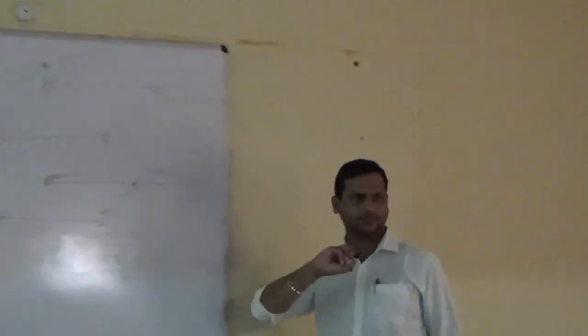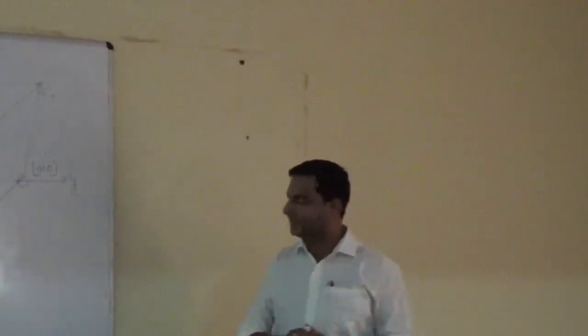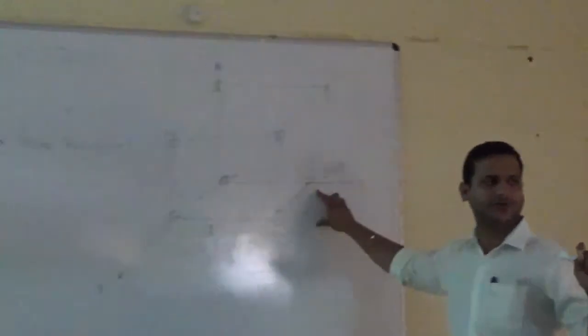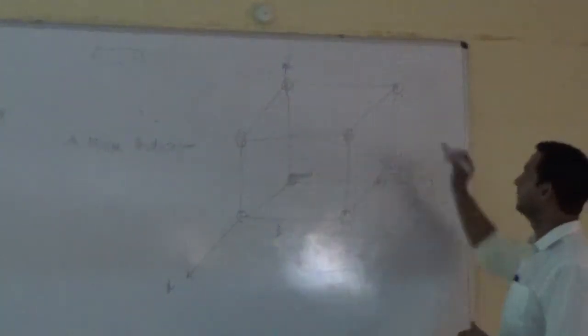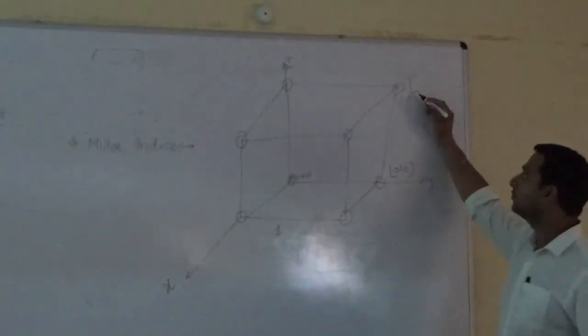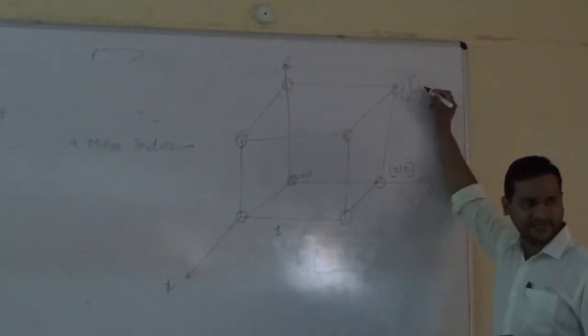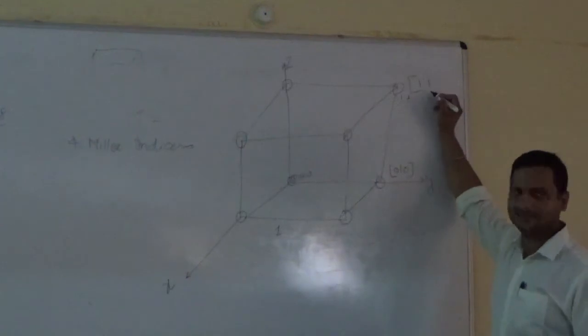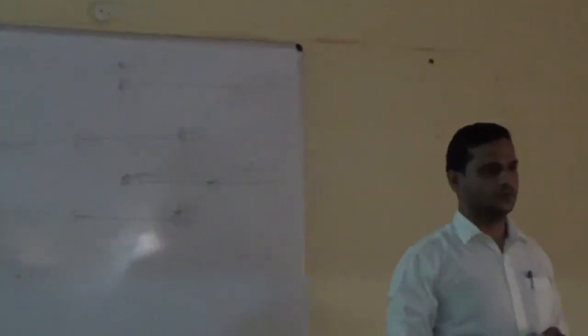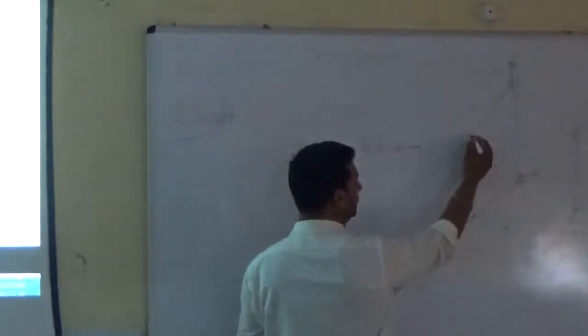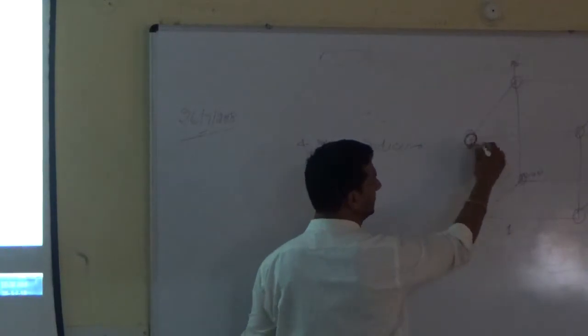So basically it symbolizes the location of an atom in a crystalline structure. For this atom, we have to move 1 unit in the x direction, 1 unit in the y direction, and 1 unit in the z direction. Suppose we have to know the location of these atoms.